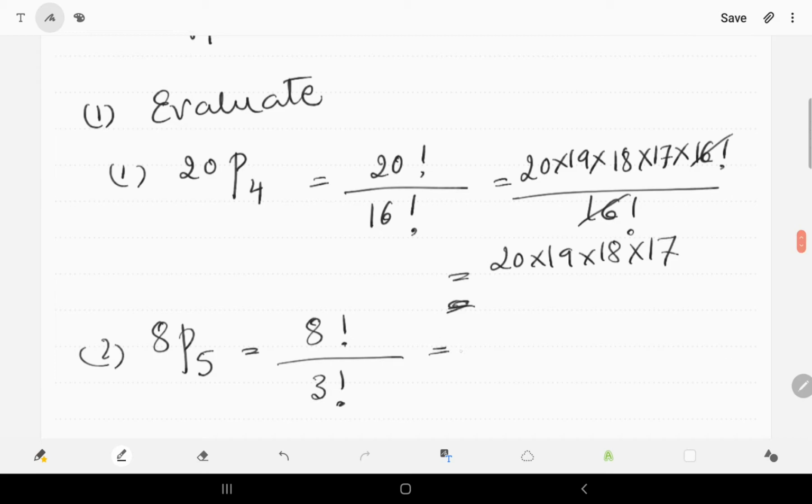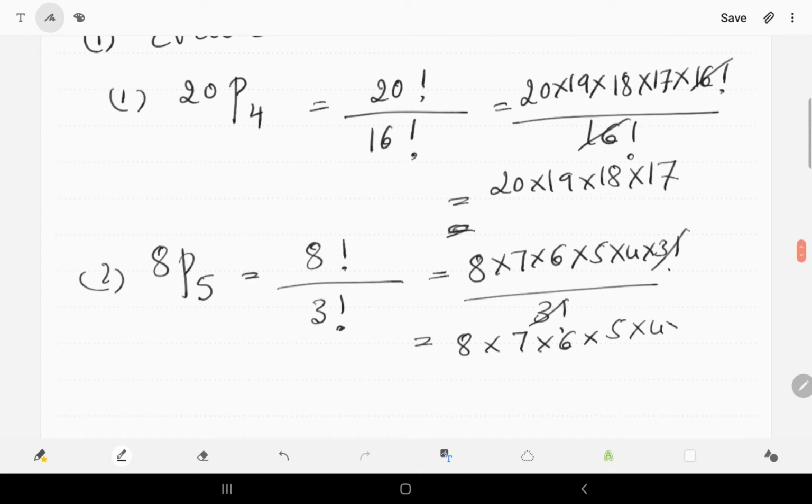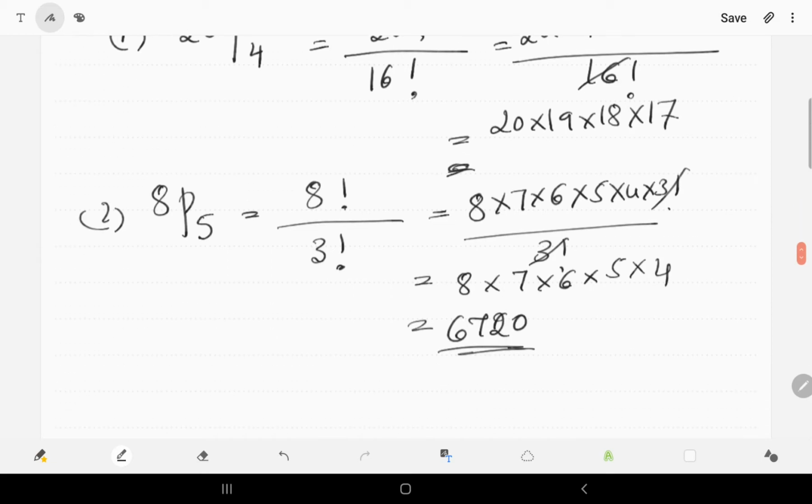That is 8 into 7 into 6 into 5 into 4 into 3 factorial divided by 3 factorial, that is 8 into 7 into 6 into 5 into 4, which equals 6720.